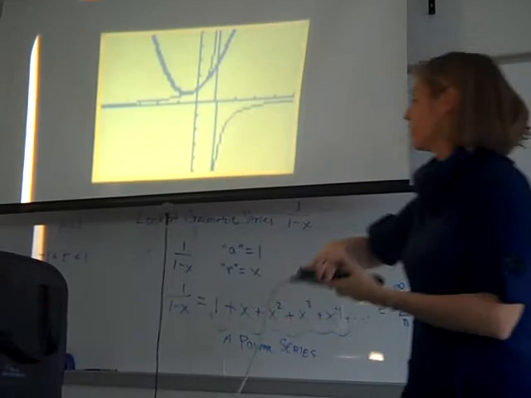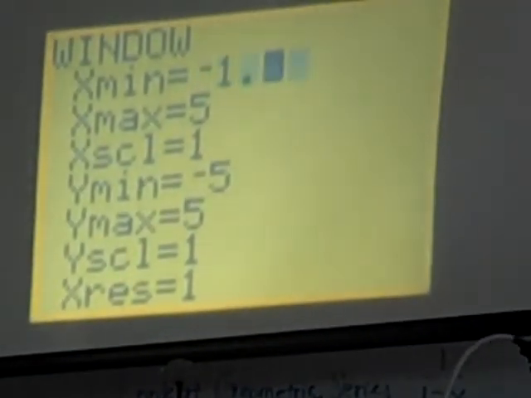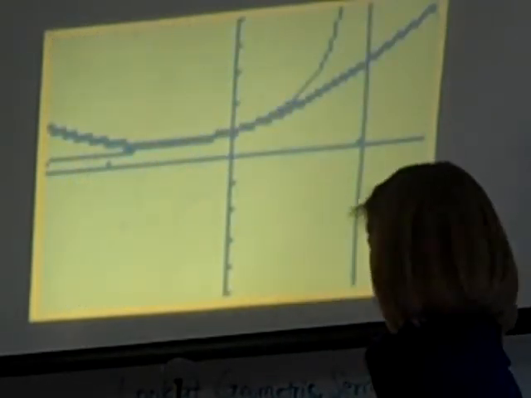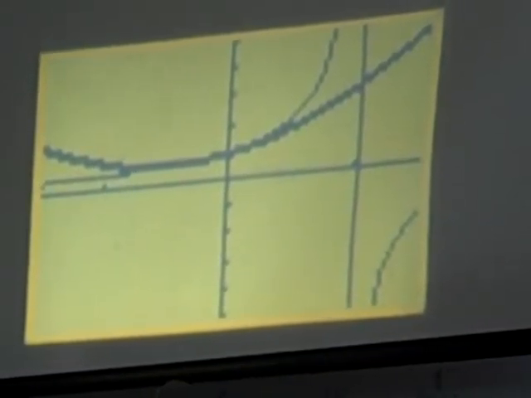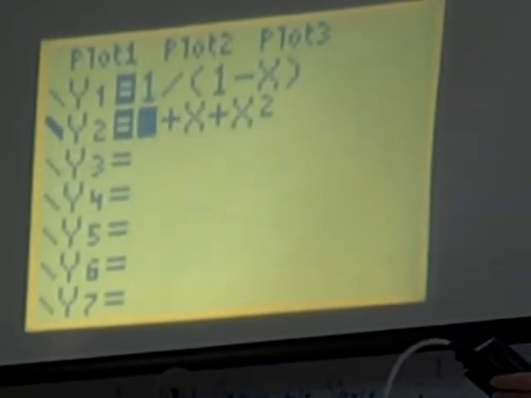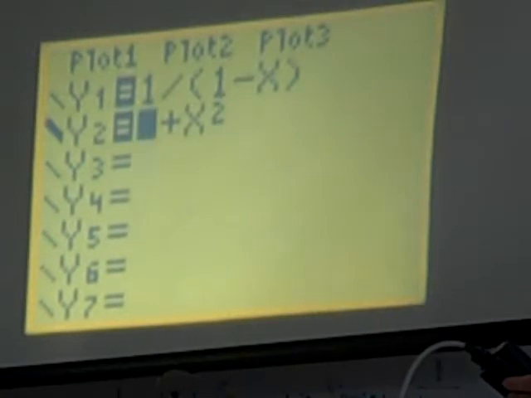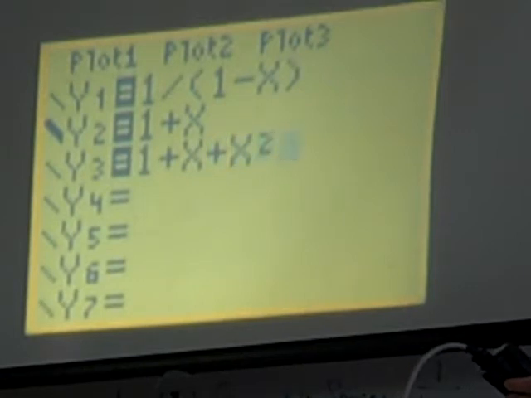Let me make my window a little bit smaller, maybe -1.5 to 1.5. The more terms of the series I give, the closer the match should be. So let me go to my y equals. Let me make this just 1 plus x. And let me make this 1 plus x squared.